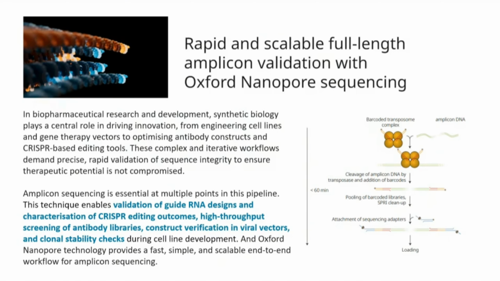With flexible amplicon sequencing from ONT, we can do validations like sequencing the guide RNA to check whether it is as designed, characterizing the CRISPR editing outcome, high-throughput screening of antibody libraries, and construct verification in viral vectors and clonal stability checks. This can be applied directly in the lab to help us check the whole experiment.